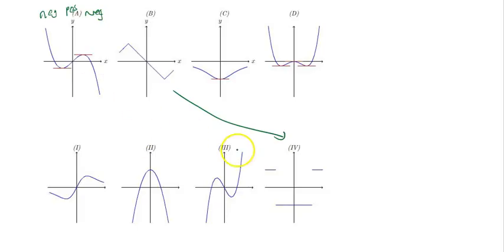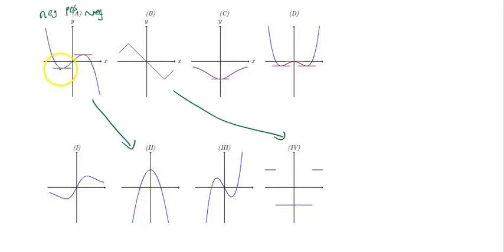So look at what's left. Do you have anything that's negative and then positive and then negative? 3 is negative, positive, negative, positive. So it has 1 too many changes. 2 is negative, positive, negative. And so A matches with 2 because of that amount of changing.